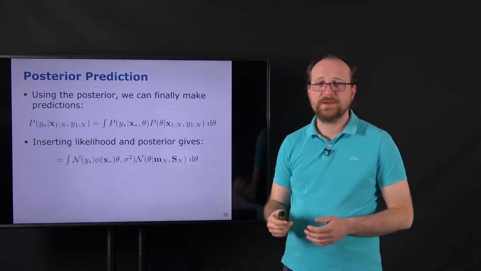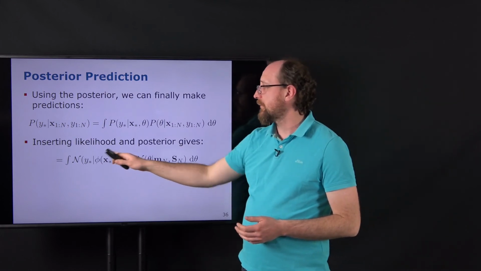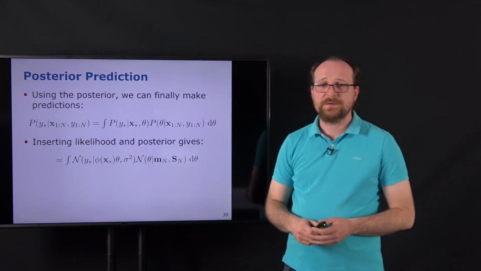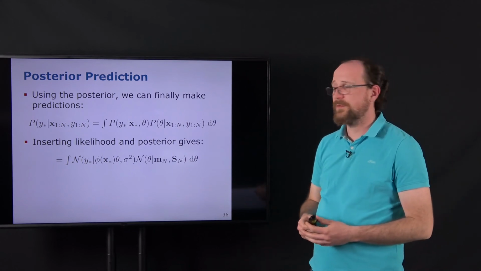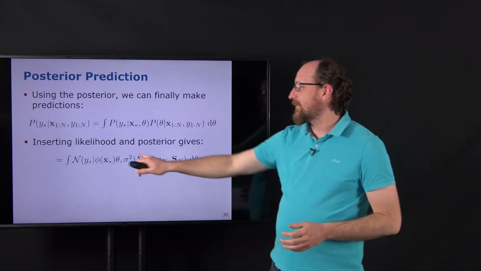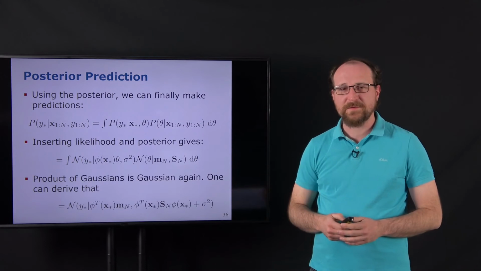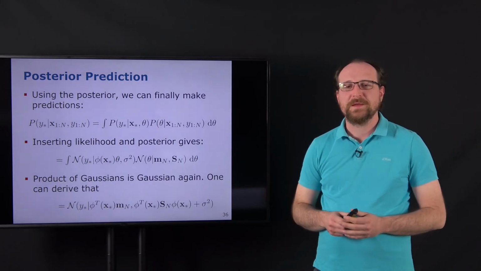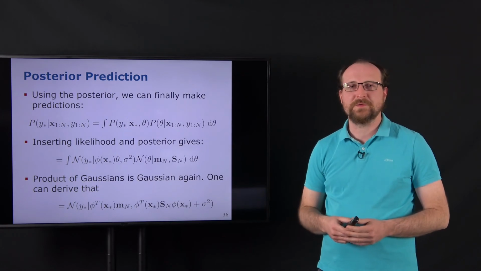When you plug in everything, you see that you have an integral over two normal distributions. And you can do the whole thing again, which I will not do here: change the variables, build the product, and so on. When you do the whole derivation, you can see that it also gives you a normal distribution in the end.